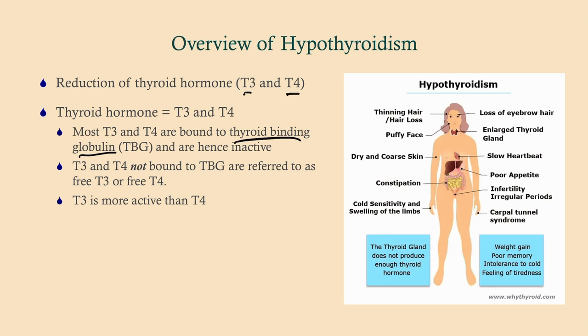If you measure total T4, that could work, but there are certain conditions, namely pregnancy or if you're on oral contraceptives, where the thyroid binding globulin increases and consequently we increase the amount of thyroid hormone. And so you have the same amount of free T4, but your total amount of T4 is high because you've got to make up for the fact that you have higher thyroid binding globulin.